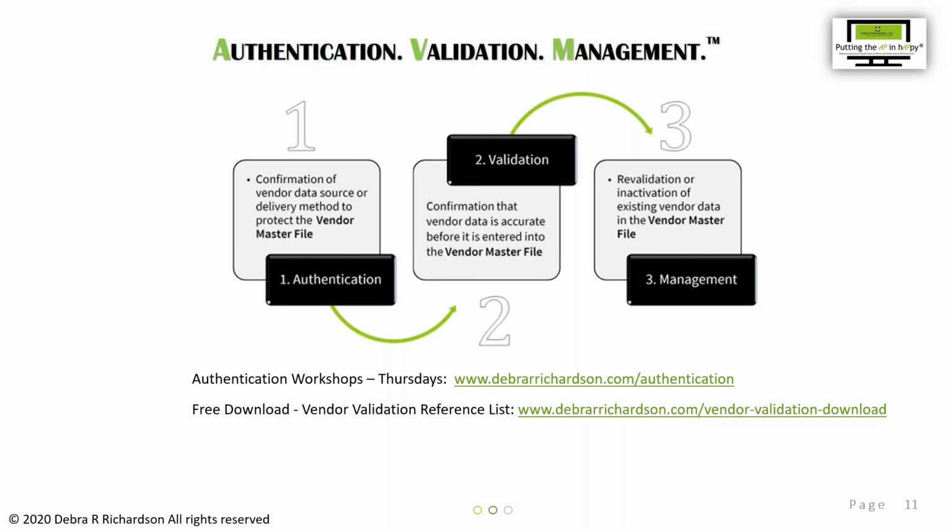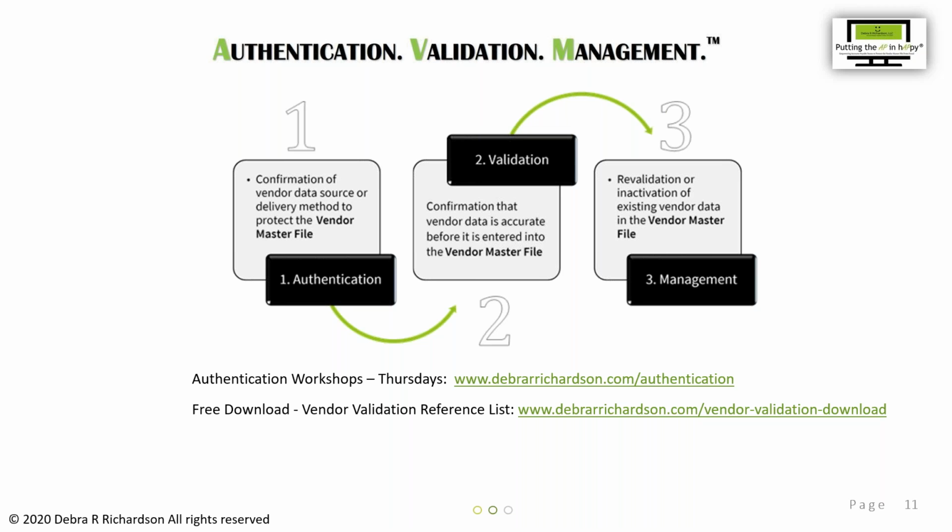It is a vendor validation reference list with resource links, which identifies not only resources to verify a vendor is real and not on any watch list, but it's also divided based on the type of information being validated and on which document you'll find it, such as the invoice or a contract. And it also includes the banking validation sources that we're going to talk about in this webinar today.